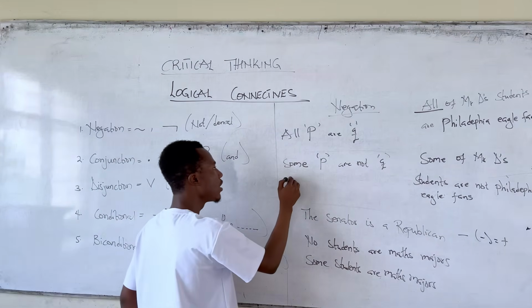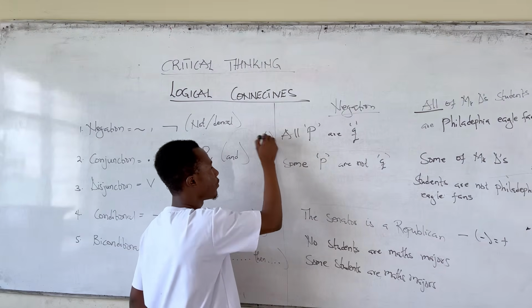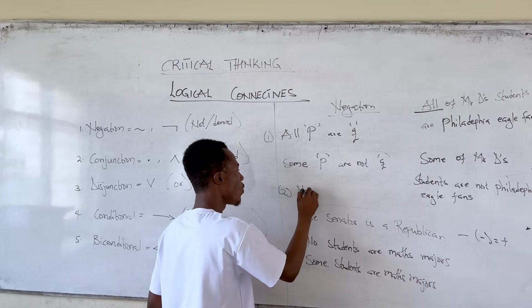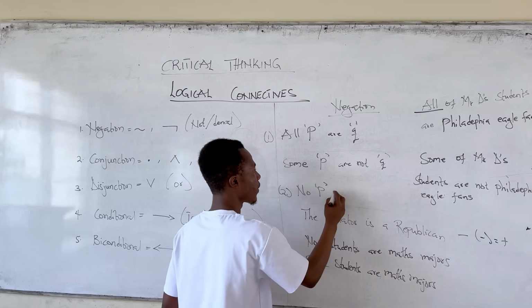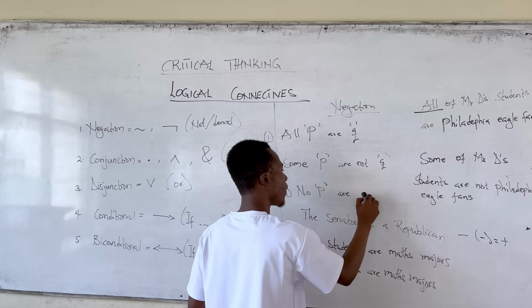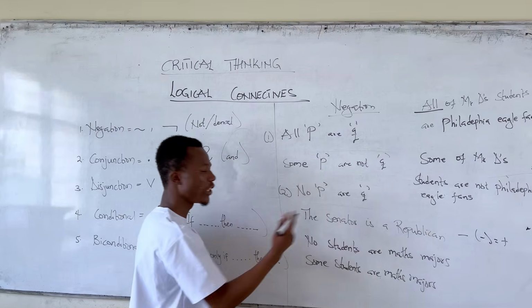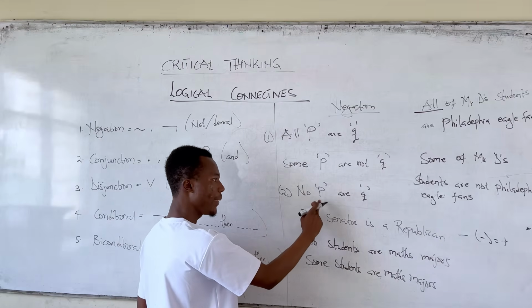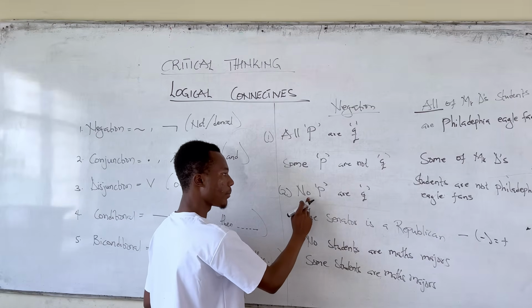Then if you see another example, let's say "no P are killed", and you want to negate it, what do we say? We say "some P", because it is in denial.